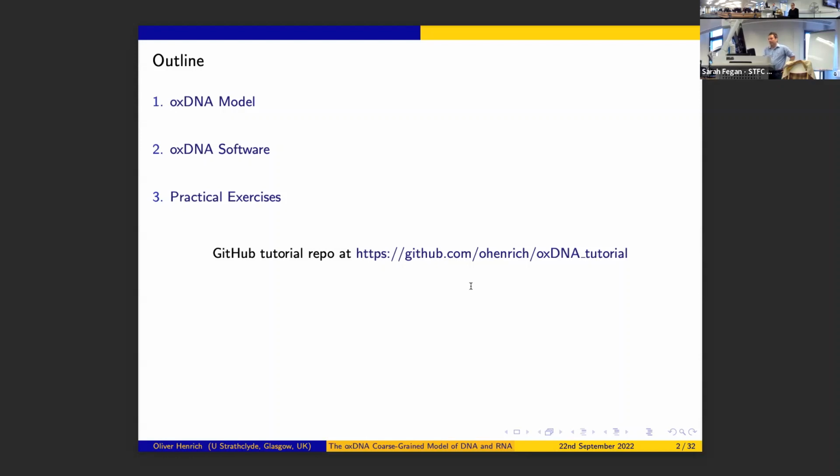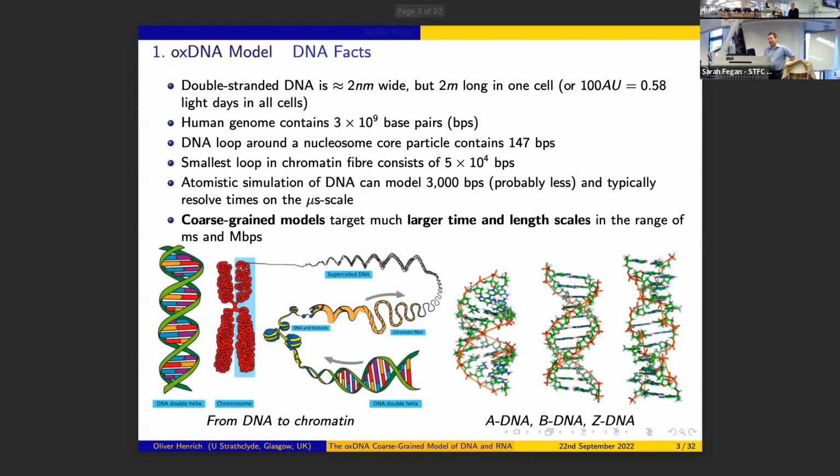Starting with the model itself, a few facts about DNA. It's always good to remind yourself how amazing this molecule really is. The double-stranded DNA molecule is about 2 nanometers wide, but all the DNA in just one of your cells, put together, is 2 meters long.